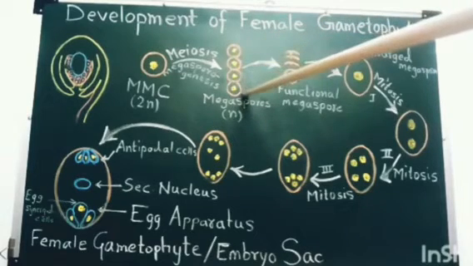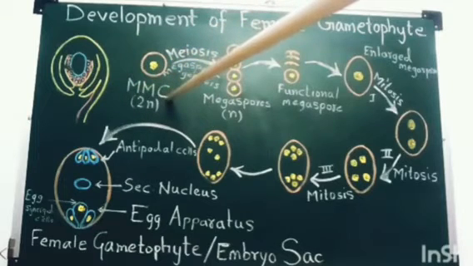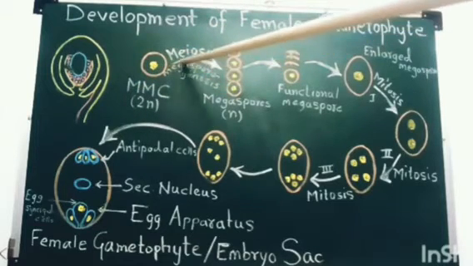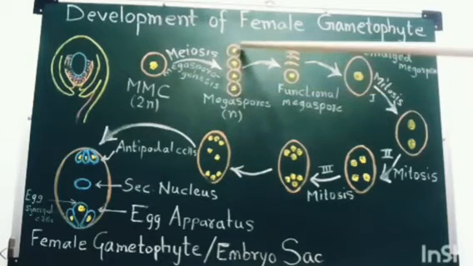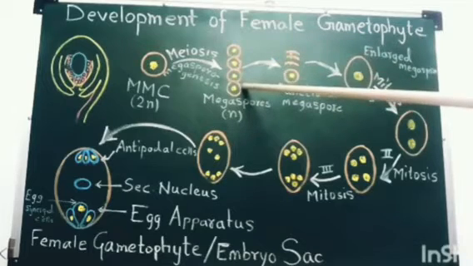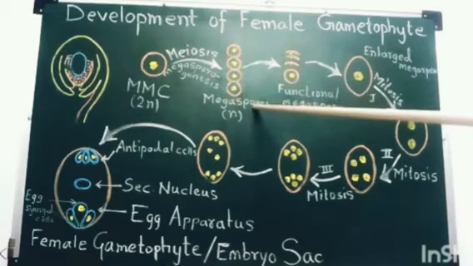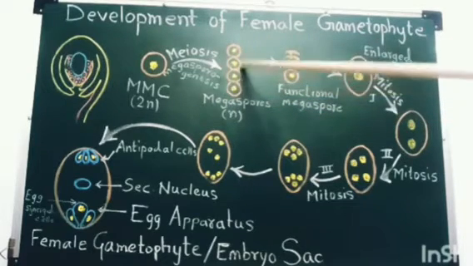Formation of the haploid megaspores from the diploid megaspore mother cell is called megasporogenesis. The haploid megaspores are 4 in number and are arranged in a straight line, hence the megaspores are said to be linear tetrad.